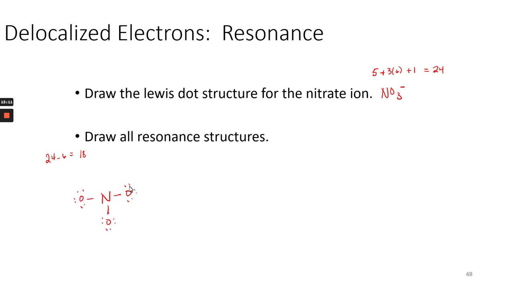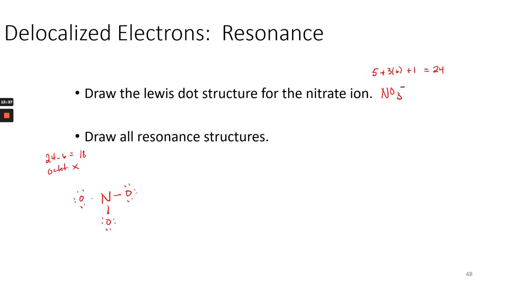So I used up all my valence electrons. But did I satisfy the octet rule? Remember, carbon, nitrogen, oxygen, and fluorine satisfy the octet rule. So this should be satisfying the octet rule. Are there 8 around nitrogen? No. So I have to do something.